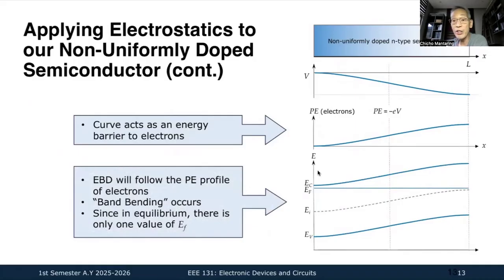If that is the only energy our valence electron has, don't expect it to be moving, because it only has enough energy to go up to the conduction band. And you can see that in this particular case, E sub C will be changing. But then E sub V will also be changing, because E sub V will just follow E sub C.